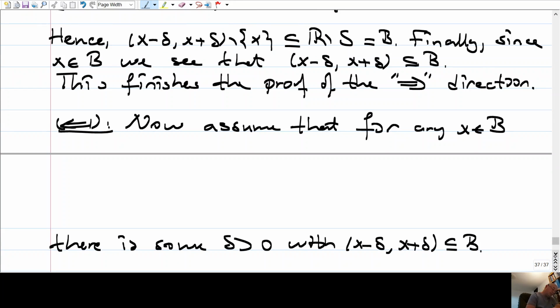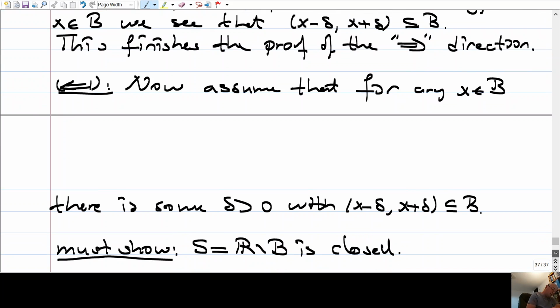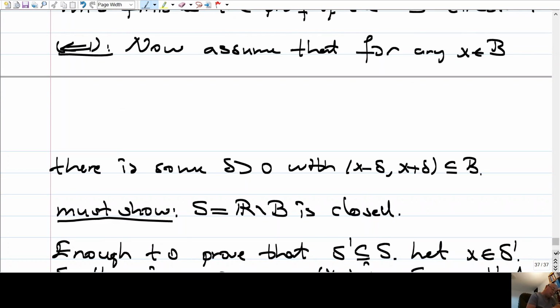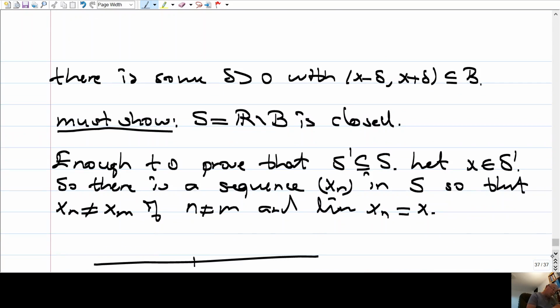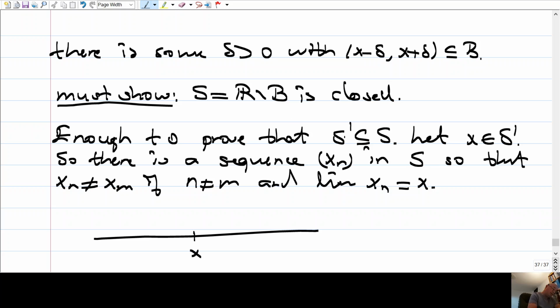Okay. So we assume that B is open. No. We assume that for any B we have this. I have to prove that S is closed. S is closed. So we choose some S prime.